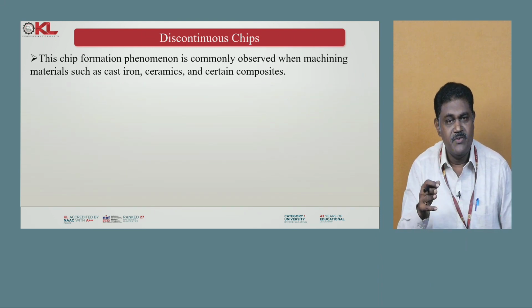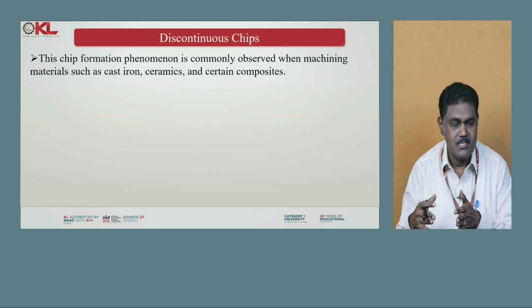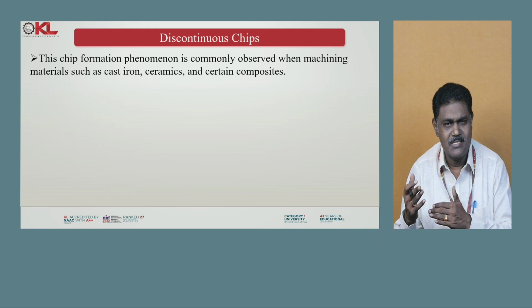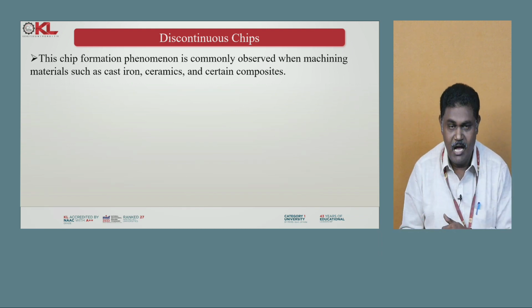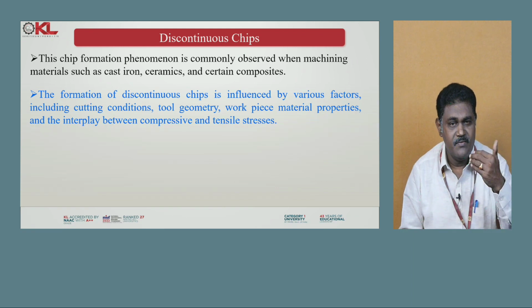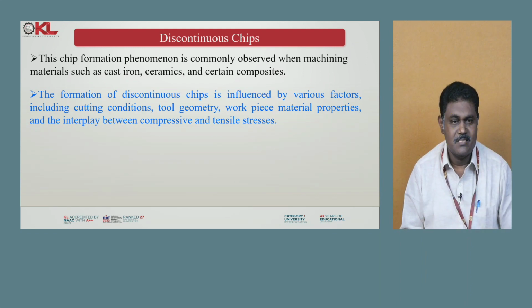This chip formation phenomenon is commonly observed when machining materials such as cast iron, ceramics and certain composite materials. The formation of discontinuous chips is influenced by various factors including cutting conditions, tool geometry, workpiece material properties and the interplay between compressive and tensile stresses.